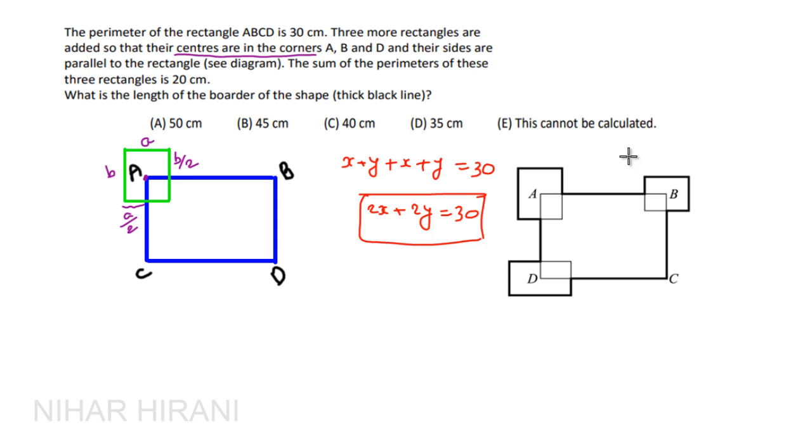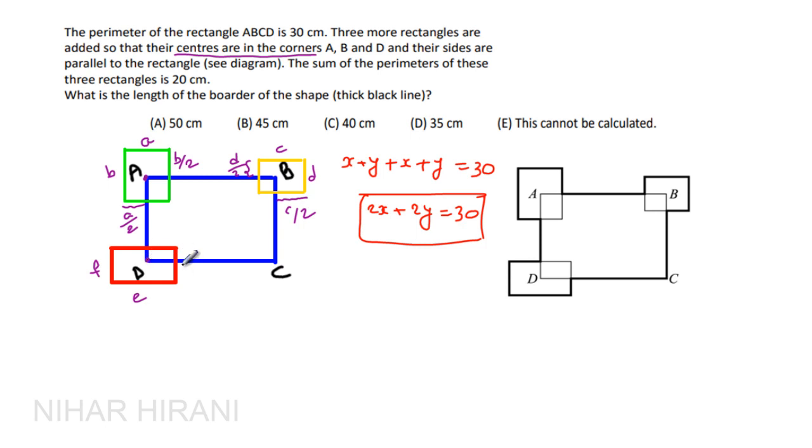Same way, let us talk about the rectangle which is at B. So I am copying the rectangle from here. Now let us do the same thing here. I am assuming that this is C and this is D. So this much will be half of C, and this much will be half of D. Same way, let's talk about the rectangle which is at D. So I am copying this rectangle at point D. Now let's assume here that this is E and this is F. Again, this corner is center.